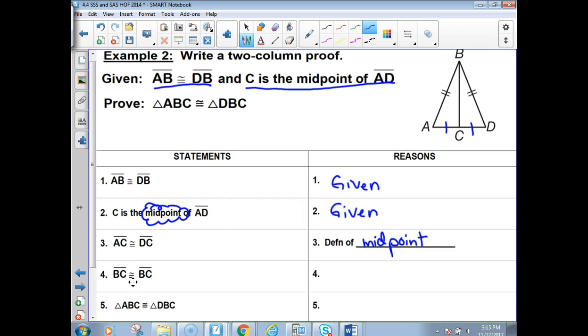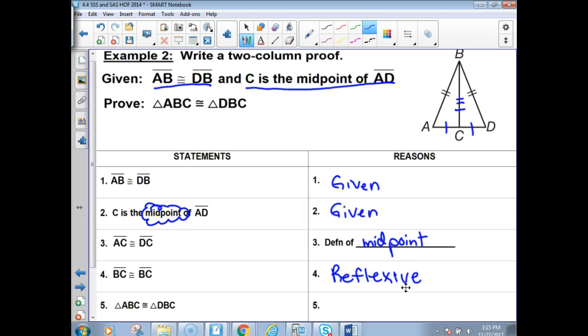Now, why, and this is something we did already, it's another vocab word, why is BC congruent to itself? And I triple marked it. Anything is congruent to itself by what property? And you were about to say it, Darylyn. Reflexive. Not reflective or reflexation or whatever I've seen on some papers.